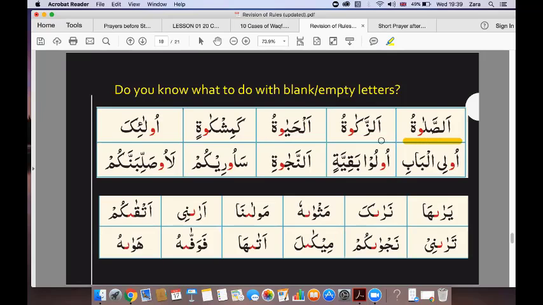As-salatu. Excellent. Next one. Az-zakatu. Al-hayatu. Kamishkatin. Ulaika. Yaraha.